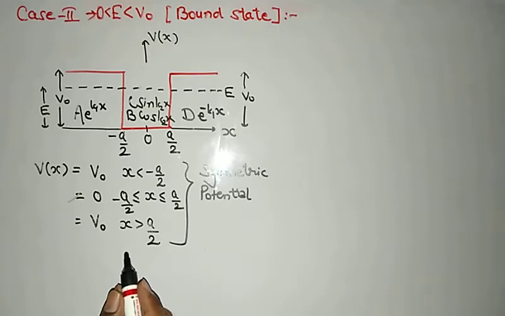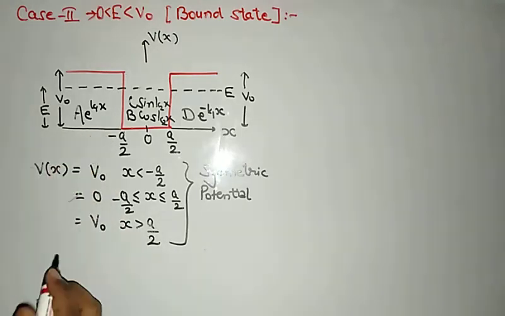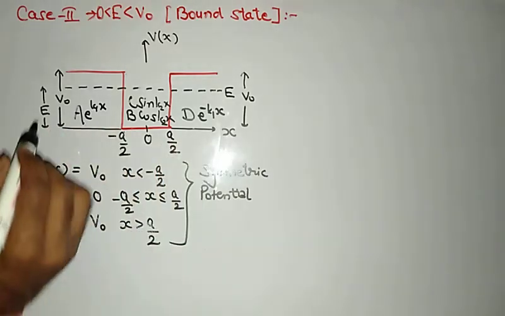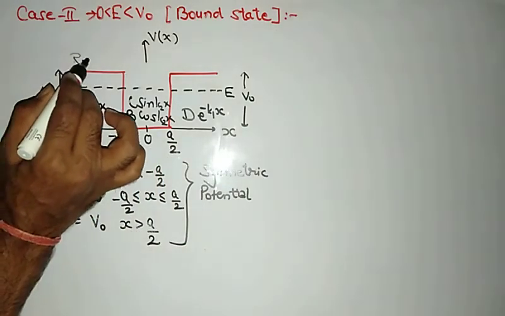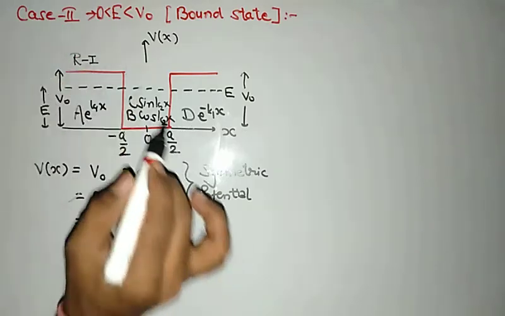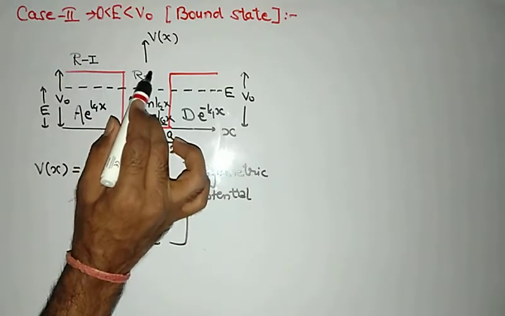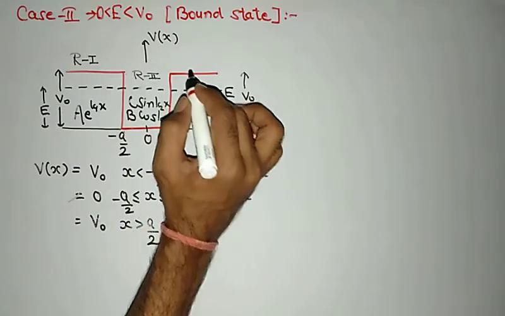Okay, so writing Schrodinger wave equations for these three regions: region first, region second, and region third.